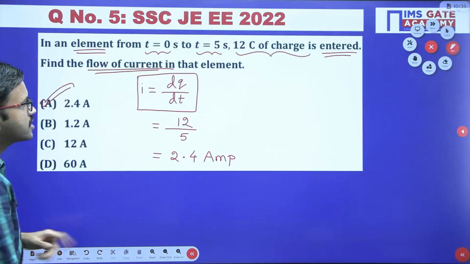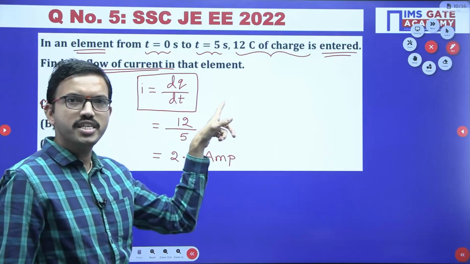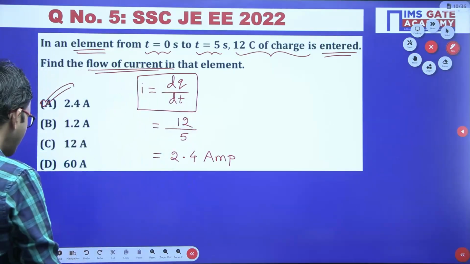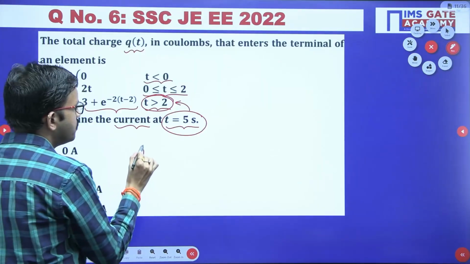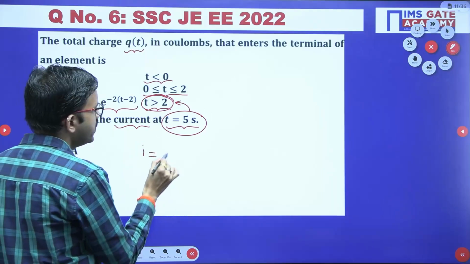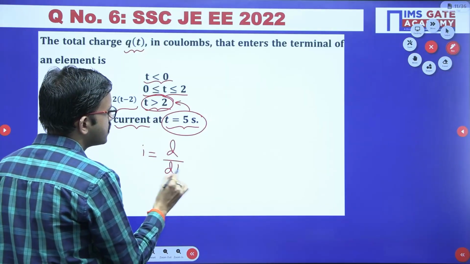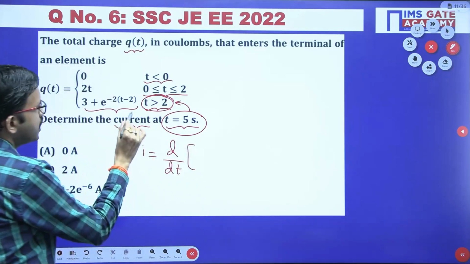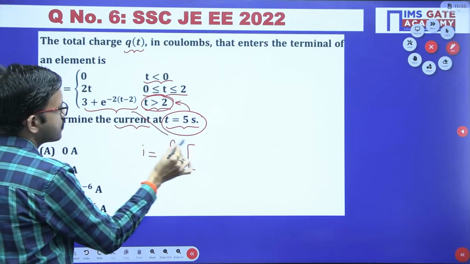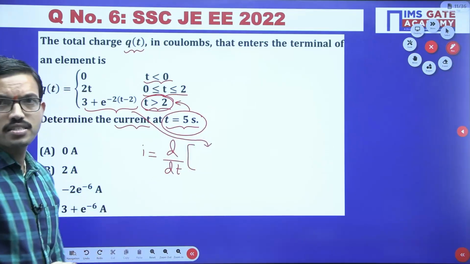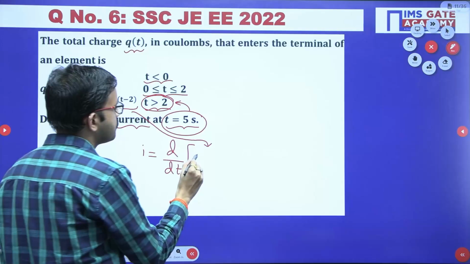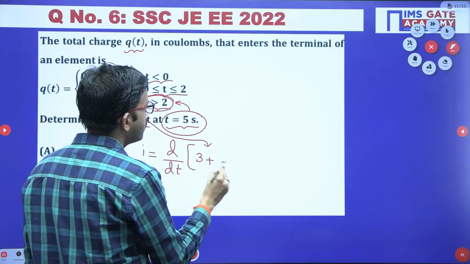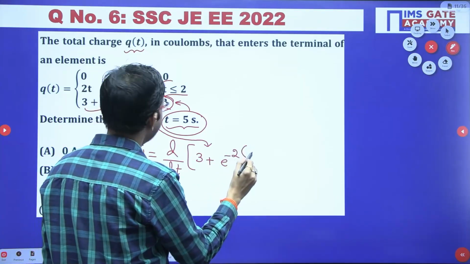Just now we discussed the formula I equal to dq by dt, so we will use this formula. So I equal to d by dt of this charge expression, which is 3 plus e power minus 2 into t minus 2.